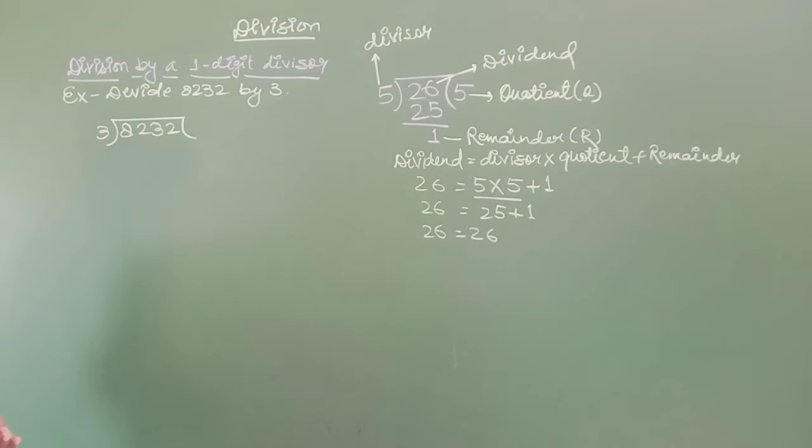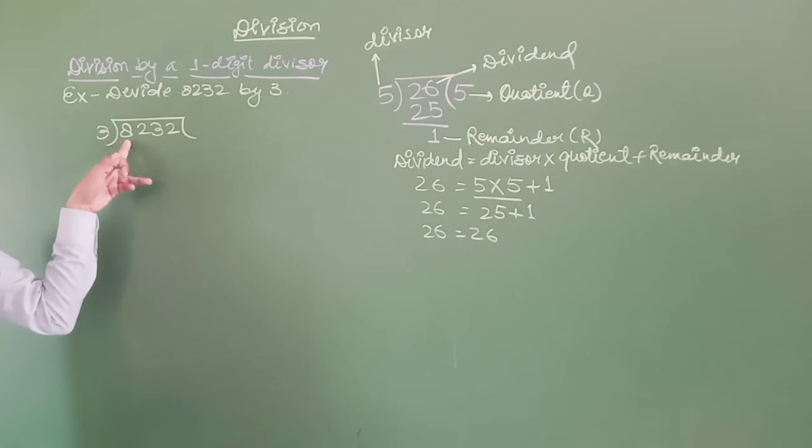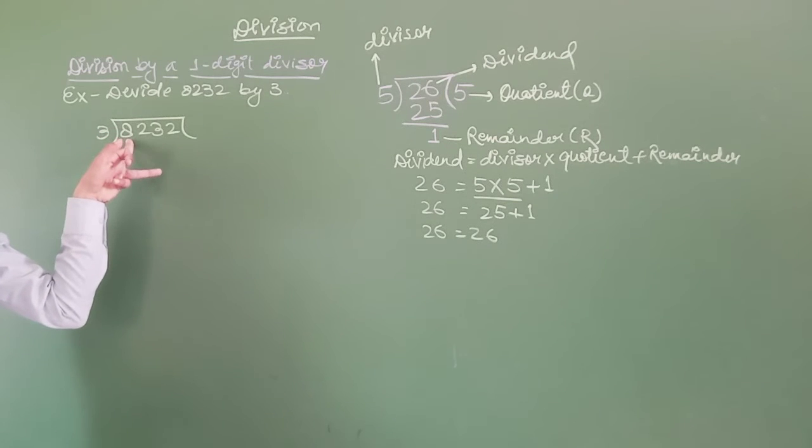Listen carefully. Firstly, take 8 from the thousand place of the dividend and divide by 3. From the table of 3, 3 multiplied by 2 is equal to 6, and 3 multiplied by 3 is equal to 9. 9 is greater than 8, but 6 is smaller than 8.